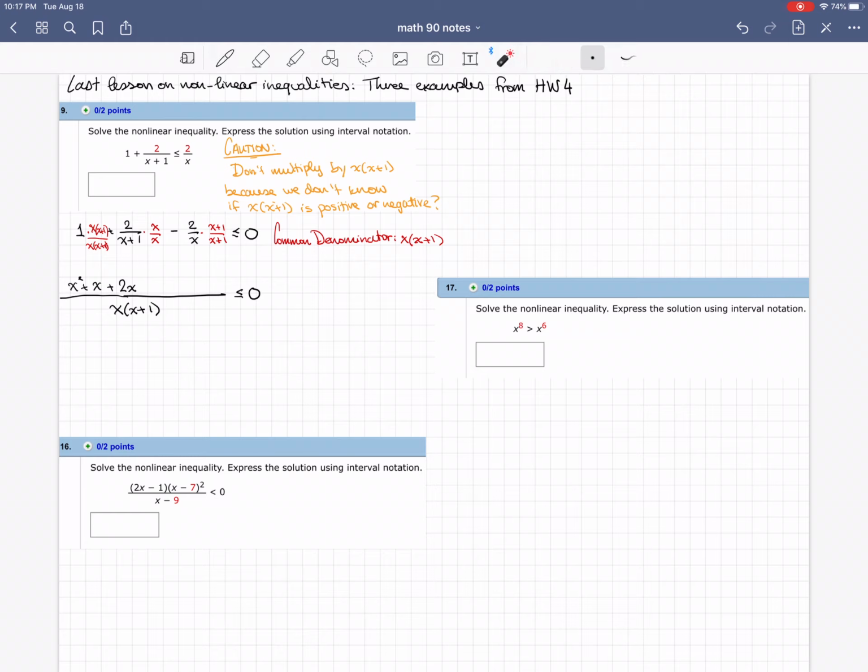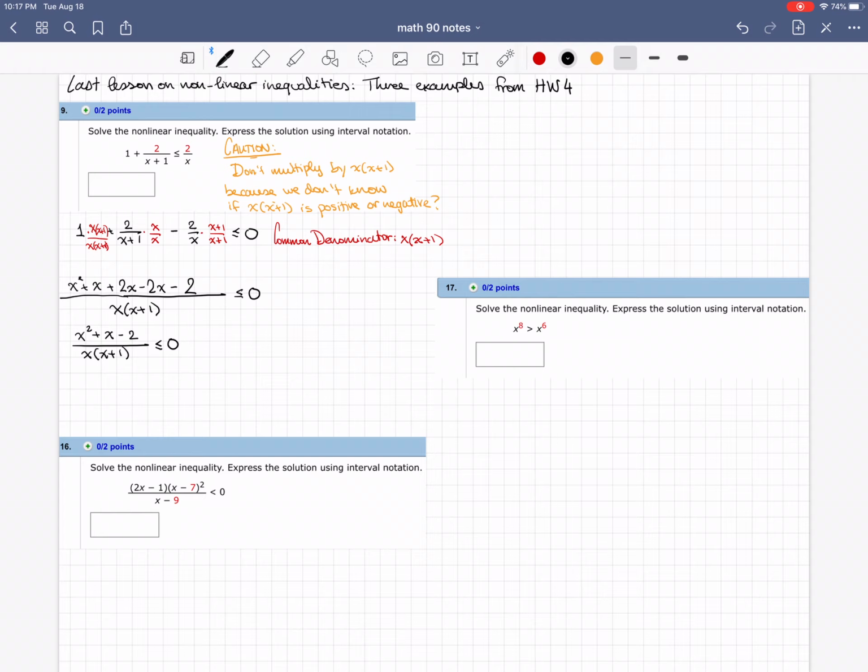And now here, watch out, the negative 2 is going to distribute all the way through the x plus 1. So it'll be negative 2 times x, which is minus 2x, and negative 2 times 1, which is minus 2. Combining like terms in the numerator, we'll end up with x squared plus x minus 2 all over x times x plus 1.